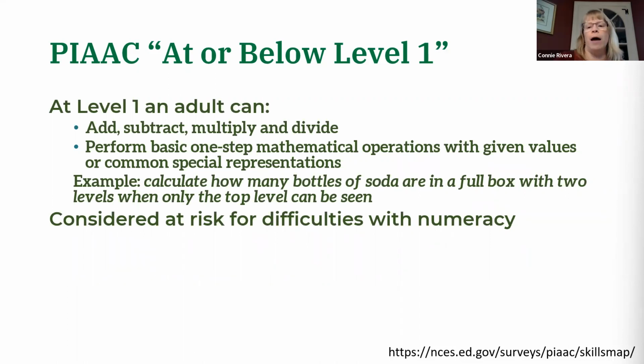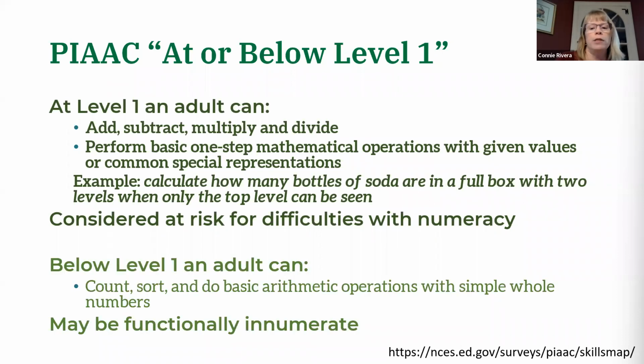An example PIAAC gives is, if you can see one level of soda bottles, can you predict what's there if there are actually two levels? Students at or below level 1 are considered at risk for difficulties with numeracy. If a student is below level 1, they may be considered functionally innumerate. So I want you to keep that in mind, and I want to ask you for a prediction.